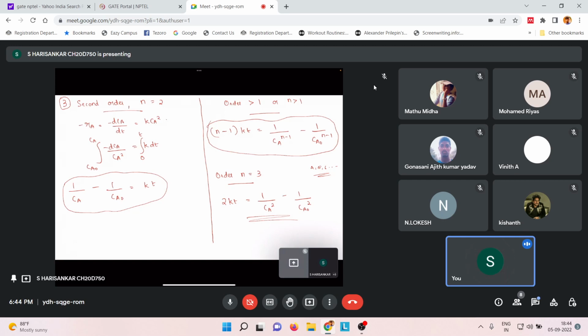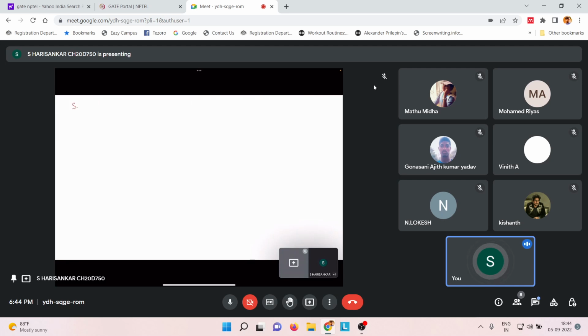Now, another thing we want to learn, a special case, I would say, second order reaction, A plus B gives product P, the reaction rate constant K. So the difference here is, previously the rate equation was Ra is equal to dCA by dt, which was just for a second order.